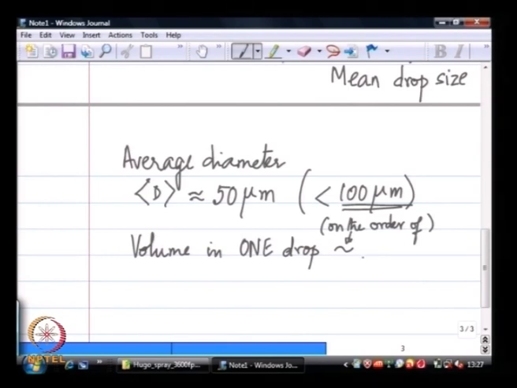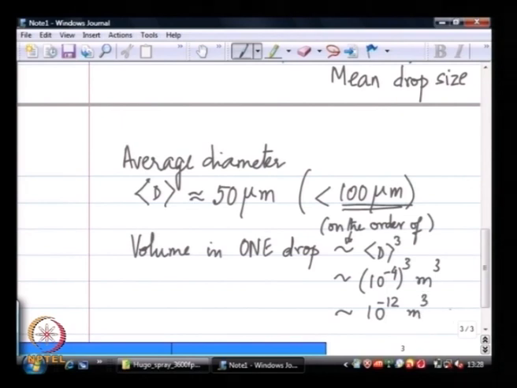Okay. So, if I take this, the volume in one drop is this average diameter cubed, which would be 10 power minus 4 the cubed, meter cubed. That is the volume in one drop. So, just to complete that calculation, it is 10 power minus 12 meter cubed.